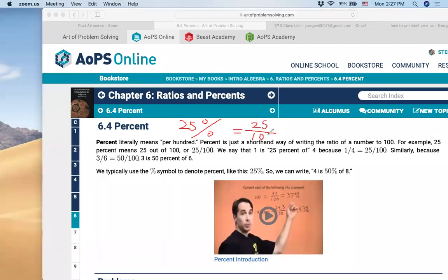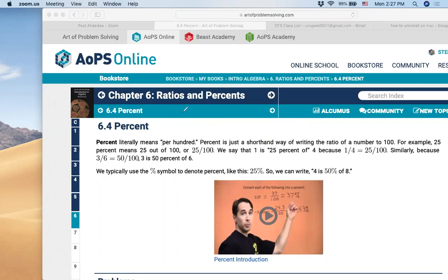It just means this. Then you can simplify this, so you get 1/4. So 25% equals 1/4, right? So if you try to calculate, let's say, 50% of 8, that's 1/2 of 8. So then that will be 4, right?